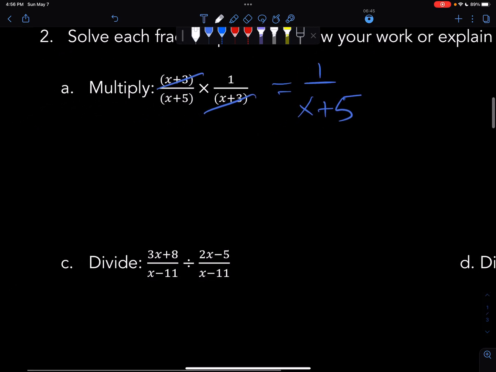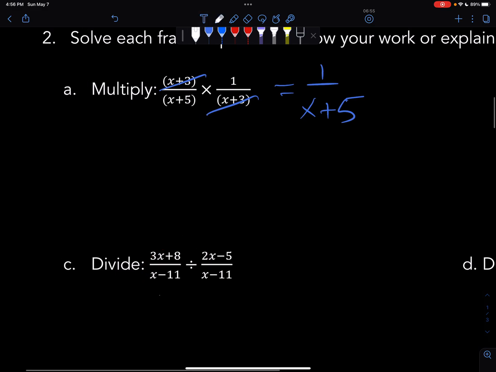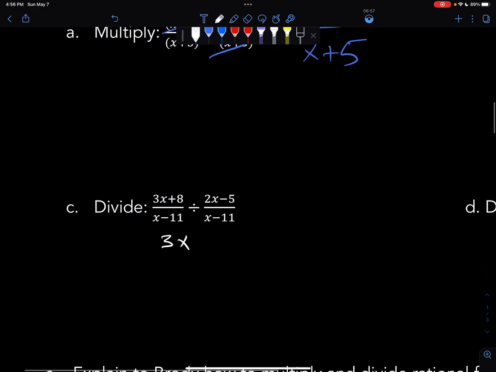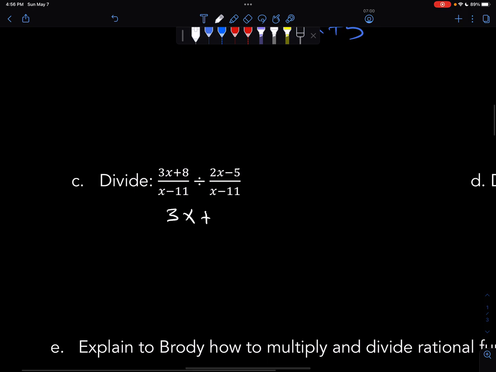Moving on to C, now we're dividing. So we're going to do the copy dot flip. So we're going to copy the first fraction here, 3x plus 8 over x minus 11. Change the division to multiplication.